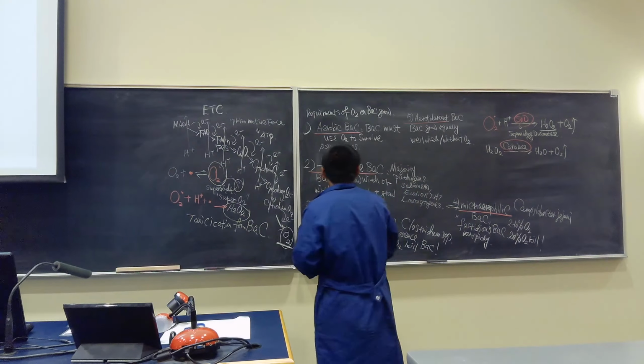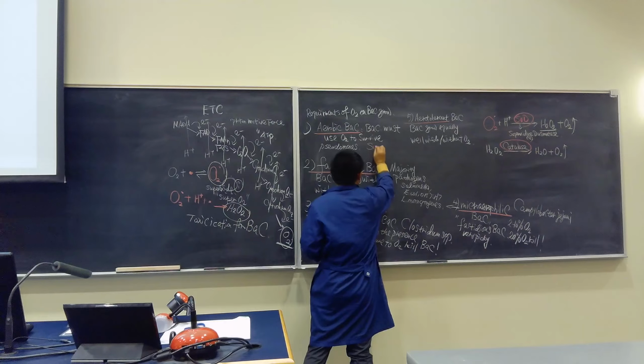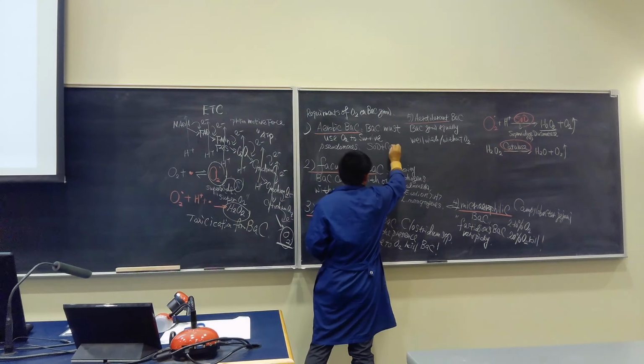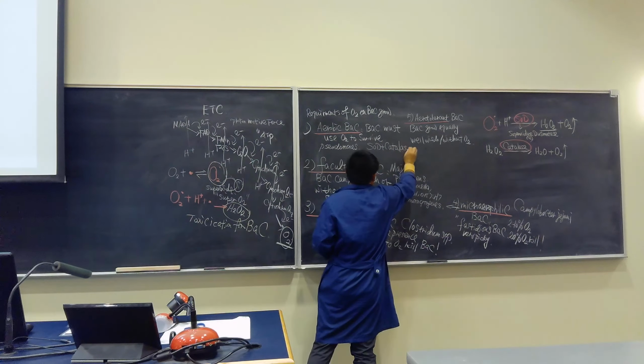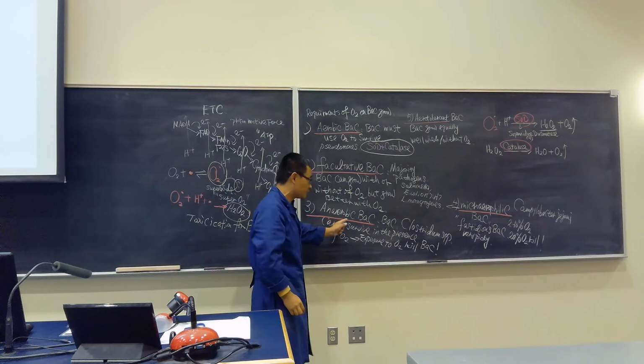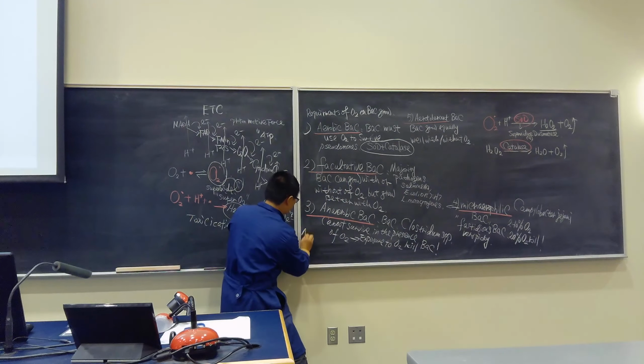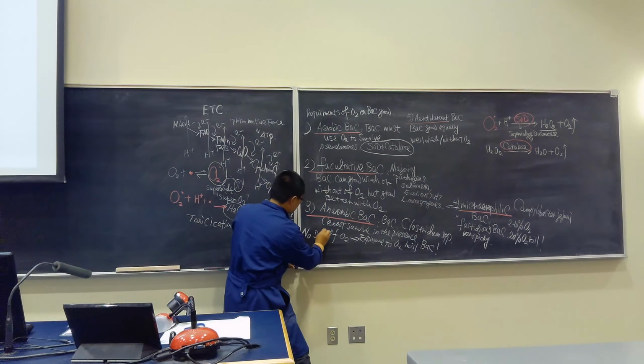Therefore, why do some of the bacteria use oxygen? Because they have SOD and the catalase. And in other words, why can some of the bacteria not survive in the presence of oxygen? Because there is no SOD, no catalase.